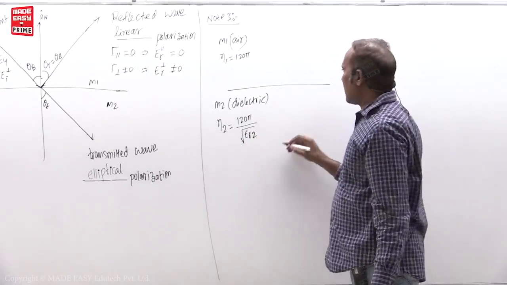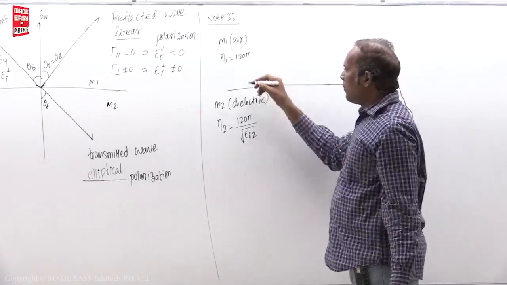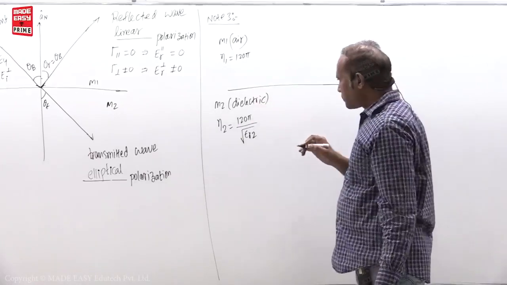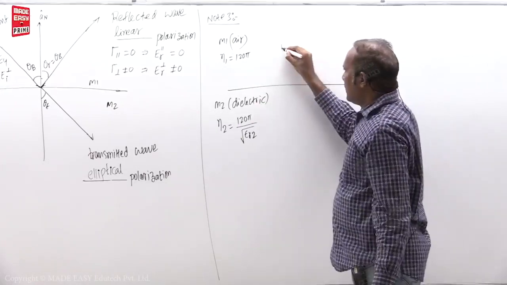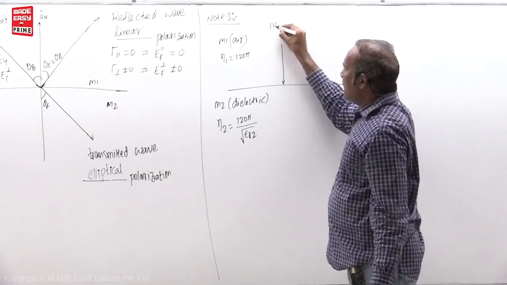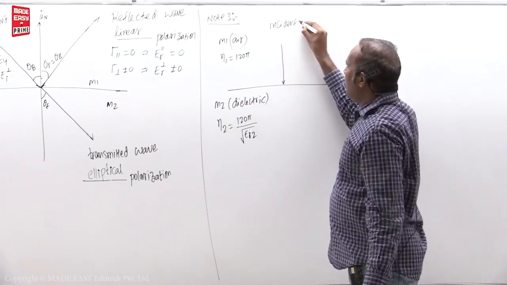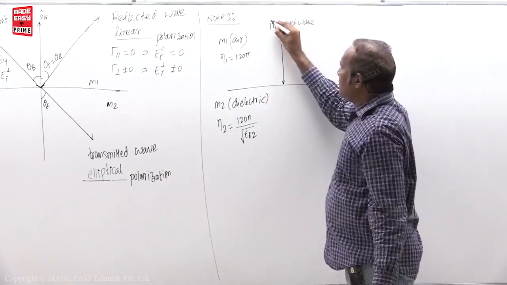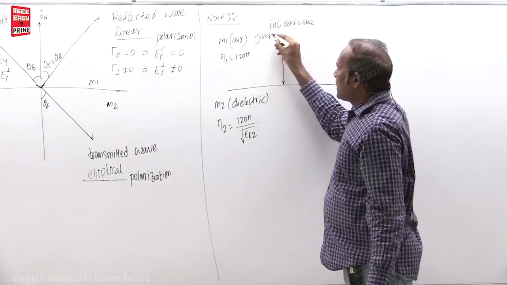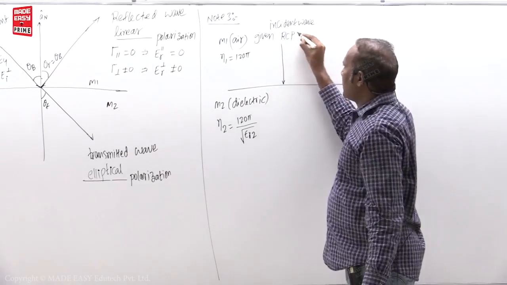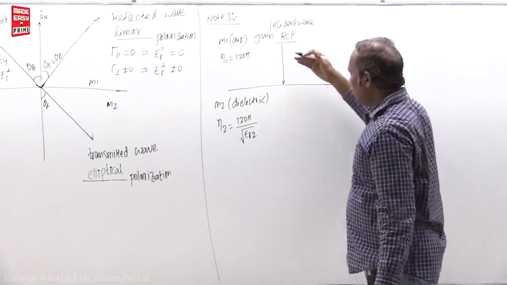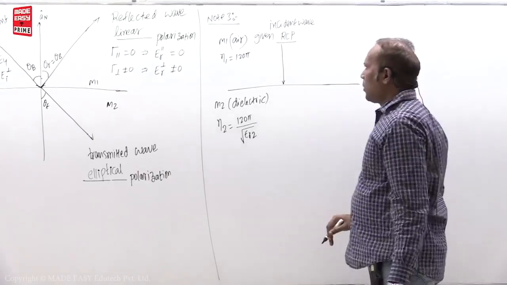Okay, this is medium 1, this is medium 2 on the bottom side. This is the boundary surface. This is the incident wave. Now it is given as RCP, right circular polarization. It is given that the incident wave has right circular polarization.